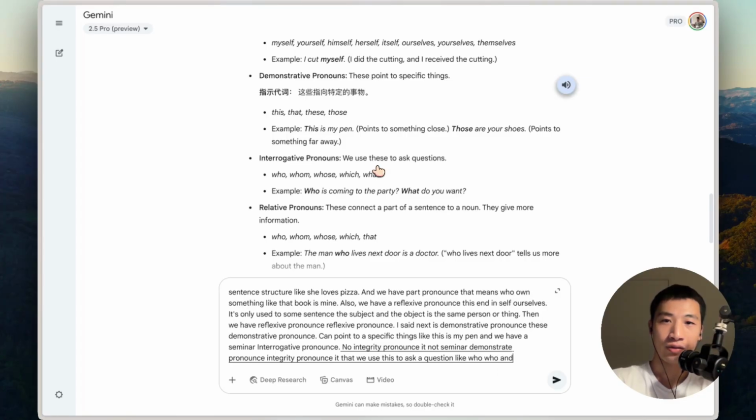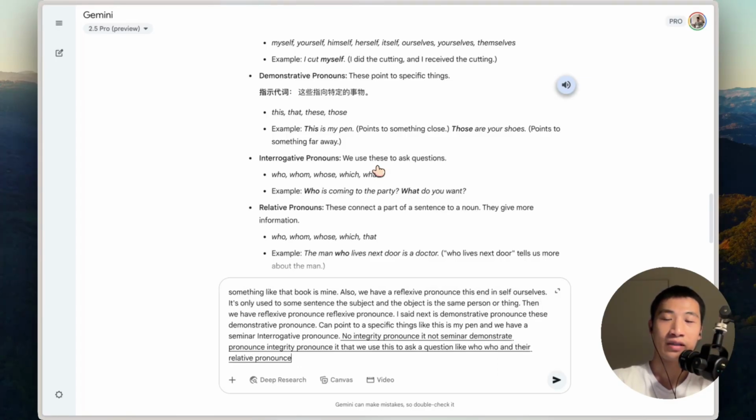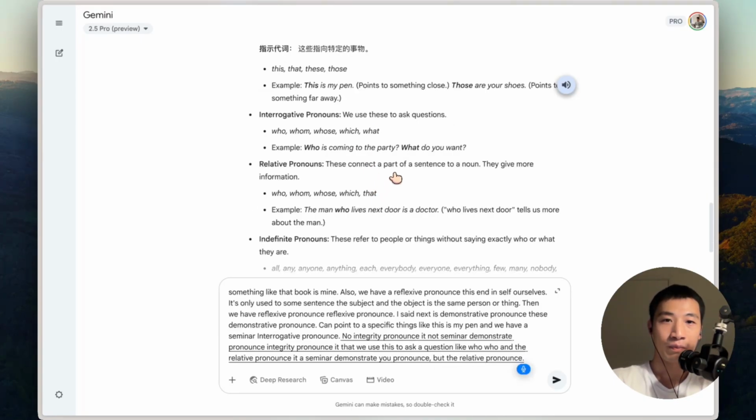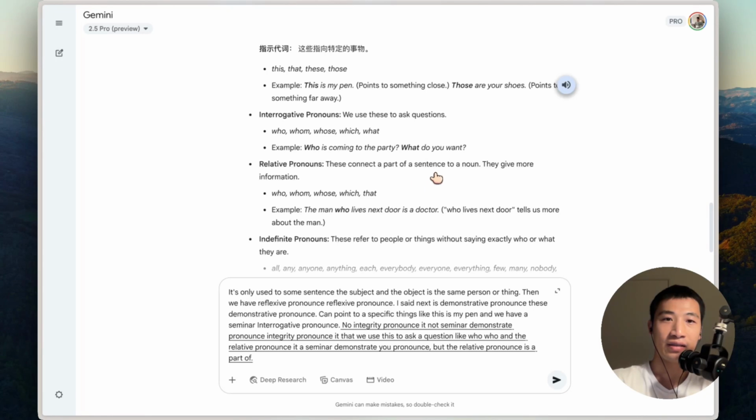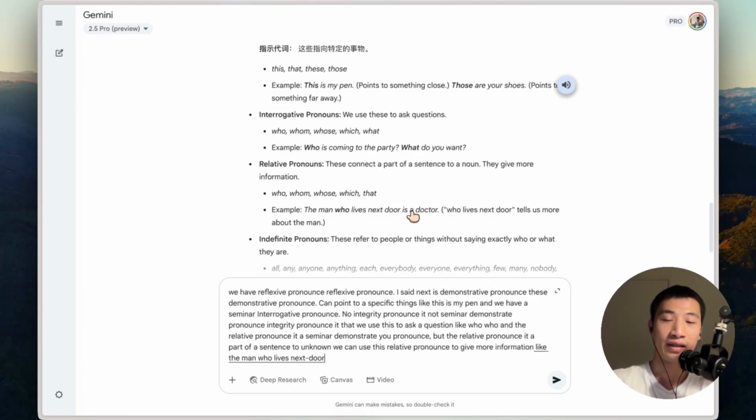And the relative pronouns connect a part of a sentence to a noun. We can use these relative pronouns to give more information, like the man who lives next door is a doctor.